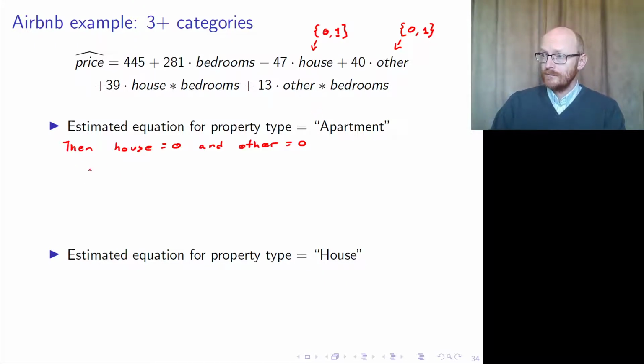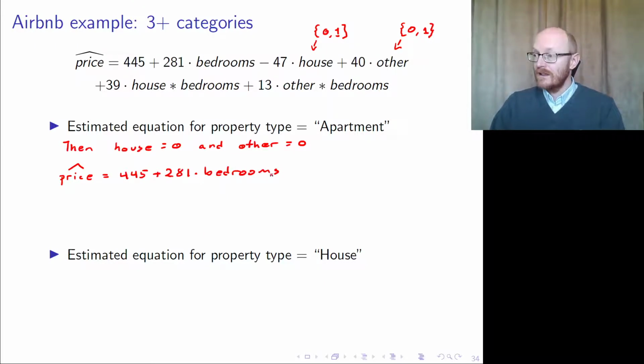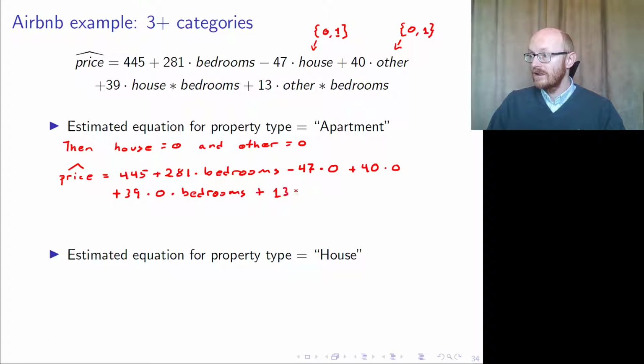Okay, so what we have is the price equal to 445 plus 281 times bedrooms, and that's basically it, because what you get is minus 47 times 0 plus 40 times 0 plus 39 times 0 times bedrooms plus 13 times 0 times bedrooms.